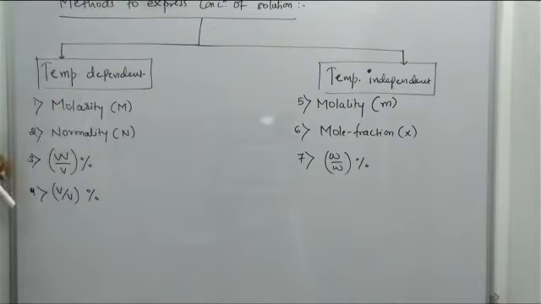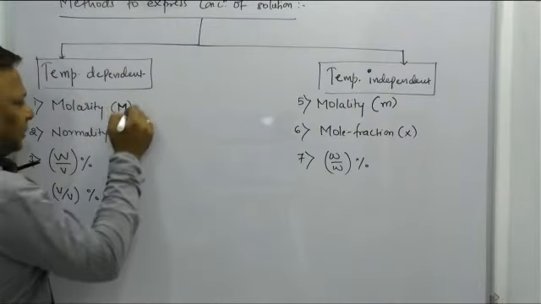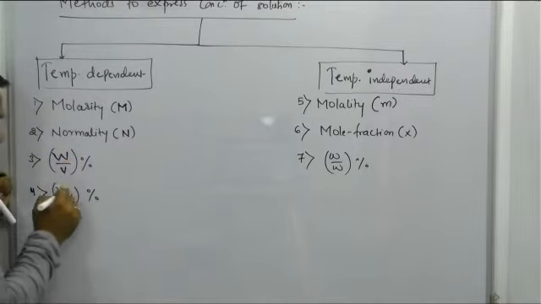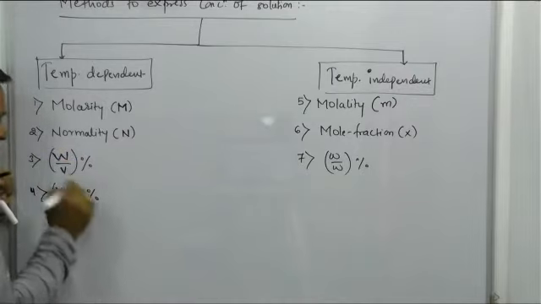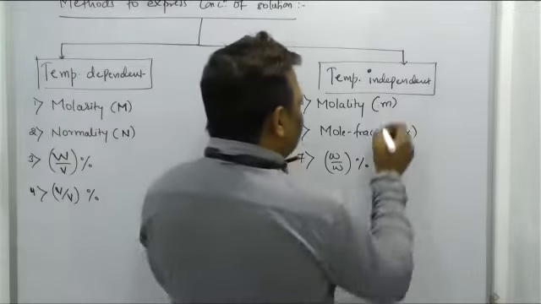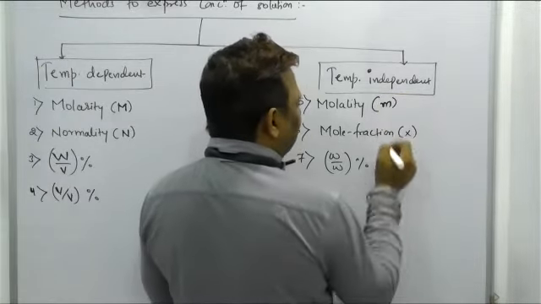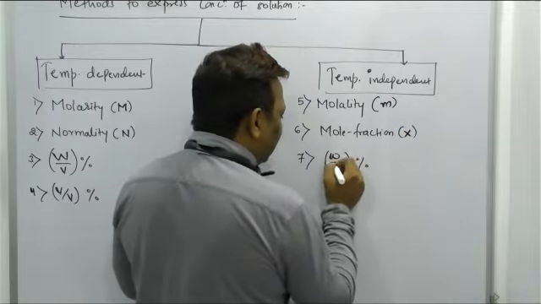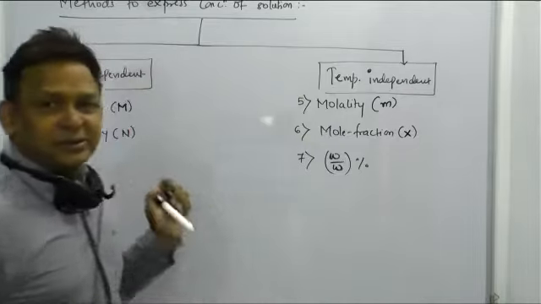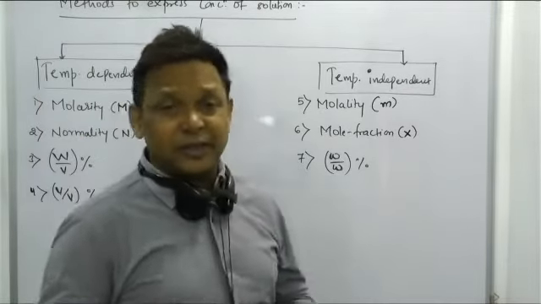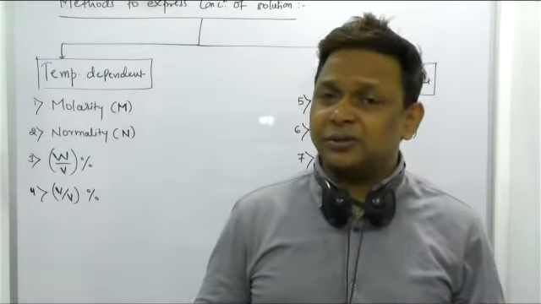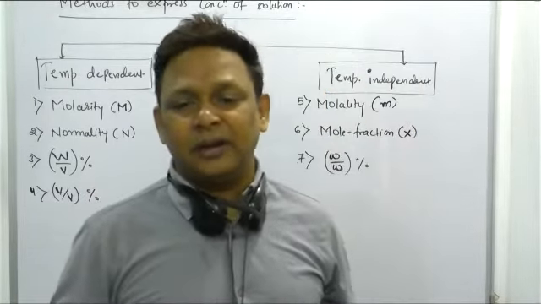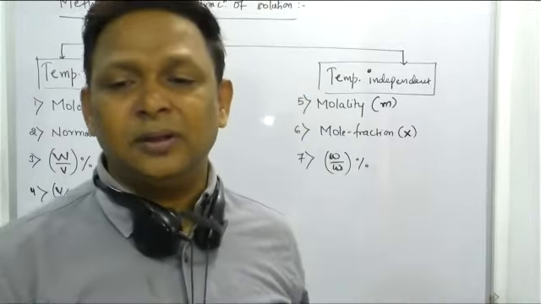Temperature dependent terms mean molarity, capital M, normality, capital N, weight by volume percentage, W by V, and volume by volume percentage, V by V. Temperature independent terms are molality, small m, mole fraction, X, and W by W percentage. So these are the methods which express the concentration of the solution, and we are going to learn them one by one. Up to here, please take a screenshot, beta.